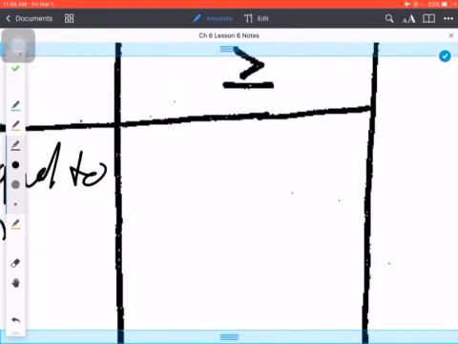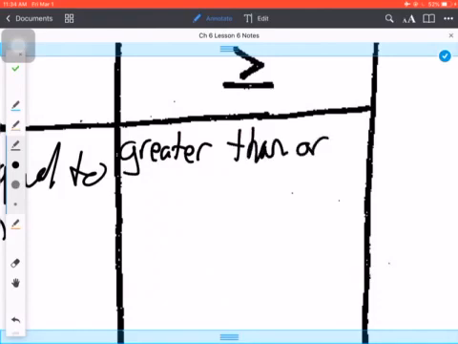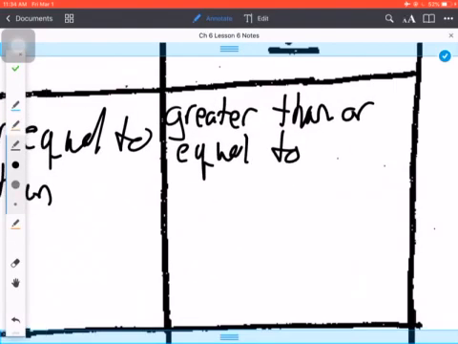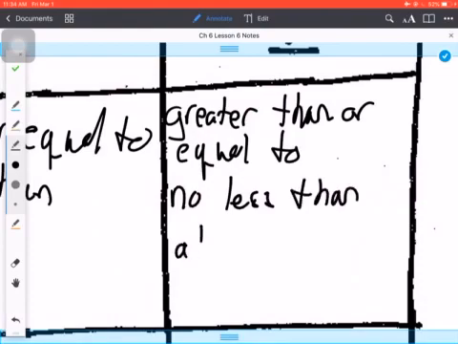And over here, this symbol, instead of being less than or equal to, it is greater than or equal to. Another one we could say is no less than or at least.